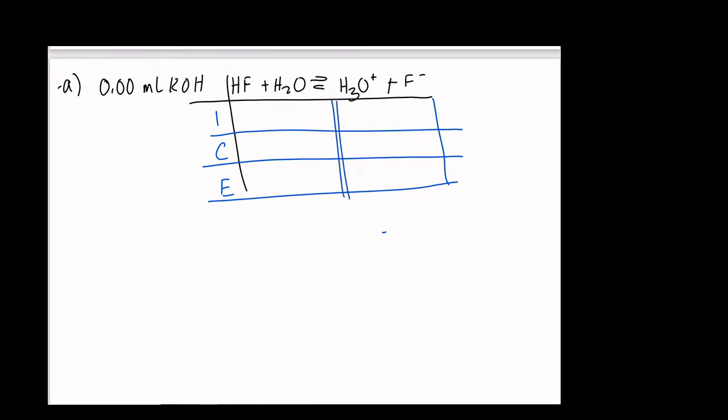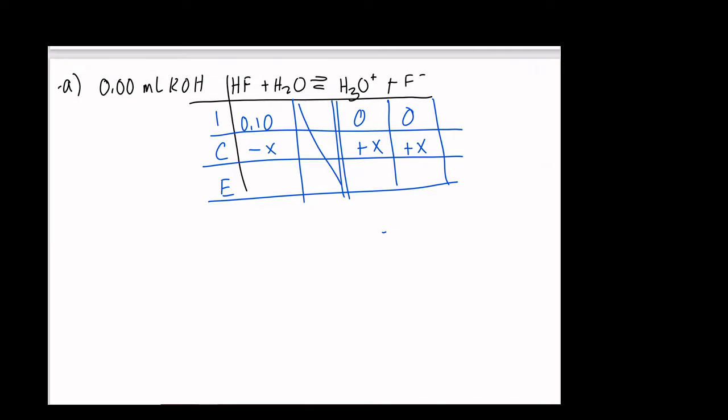And remember, in our ICE table, we start with concentration, not moles. So we have 0.10 molar HF, okay, and 0 of hydronium and 0 of fluoride when we first begin. Okay, we're losing X of the HF, gaining X of the hydronium, and gaining X of the fluoride.